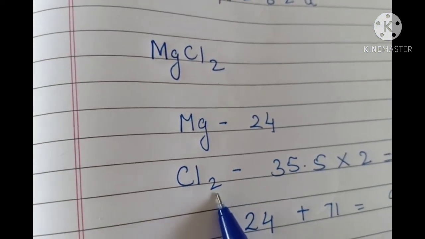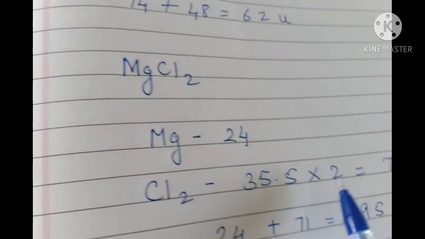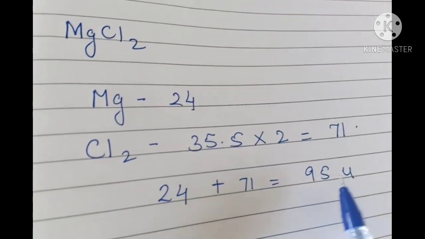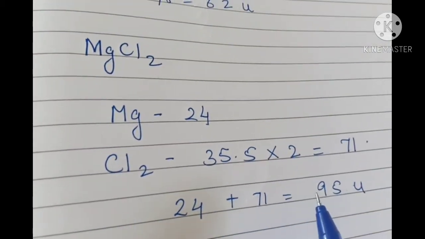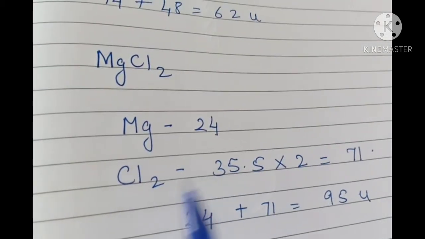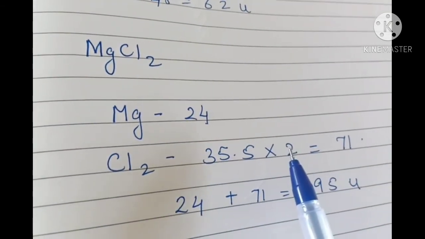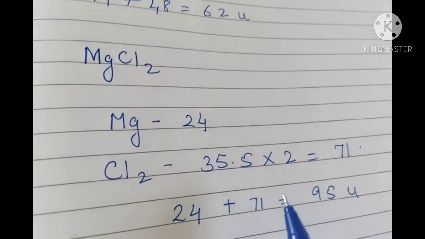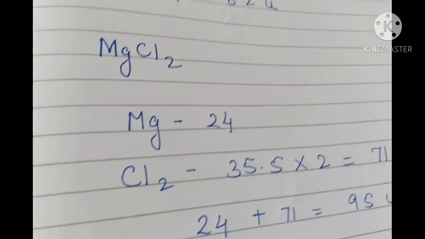Chloride we have 2 here, so we will multiply with 2 and then we get 71. Then simple addition, 24 plus 71 we get 95 mu. So only addition we have to do in this, and the number of atoms present we have to multiply. This is the way we get the formula unit mass. So this is the way you will read, revise and learn the unit masses.